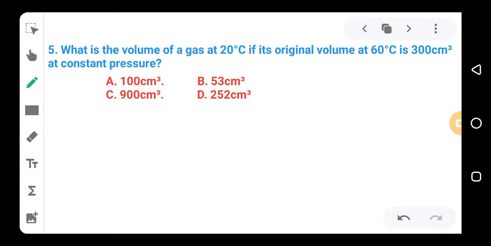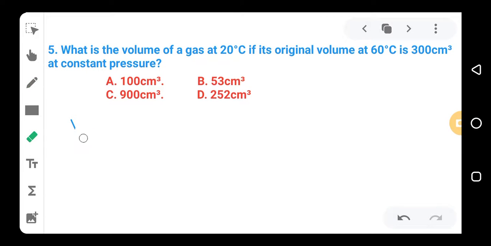Question number 5. What is the volume of a gas at 20 degrees Celsius if its original volume at 60 degrees Celsius is 300 cm cube at constant pressure? We have here volume.